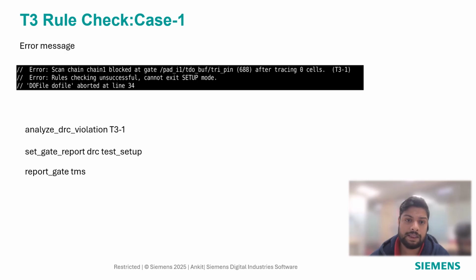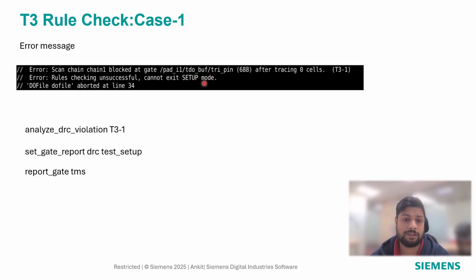To understand T3 DRC, let's take two cases. First case, improper tap controller state. Second case, missing functional clock. Let's start with the first case. In this case, the error message shows that scan tracing fails at the TDO pin.